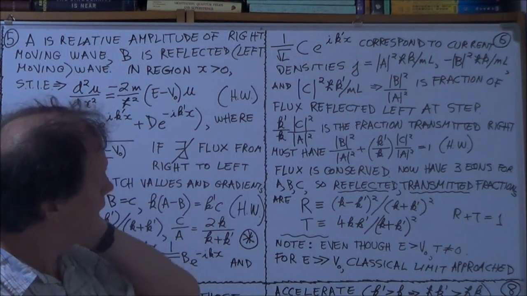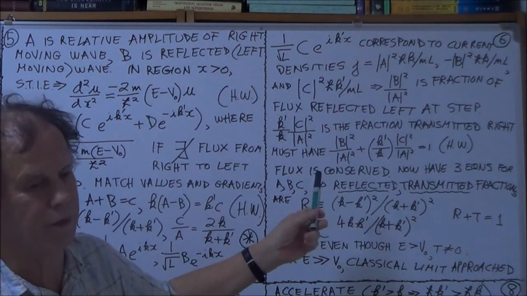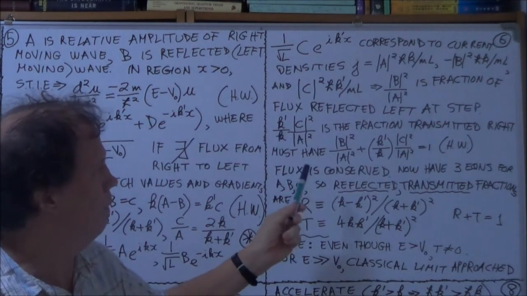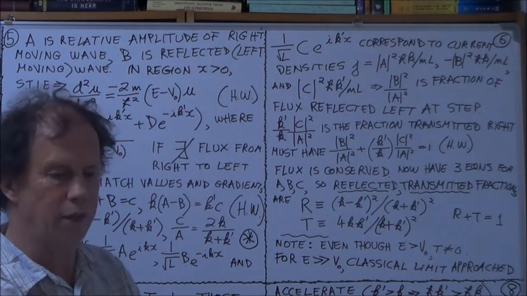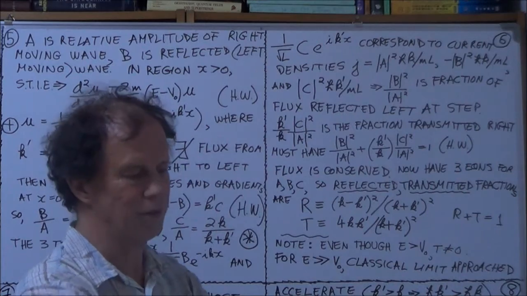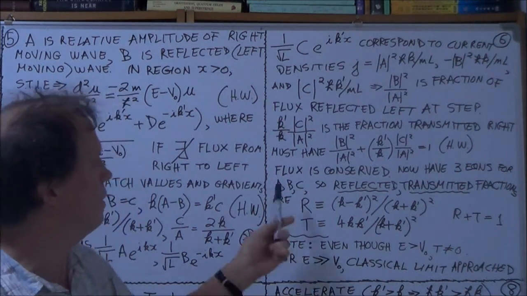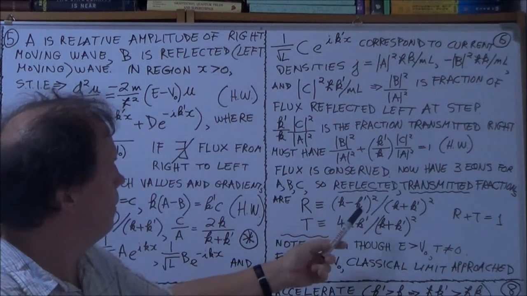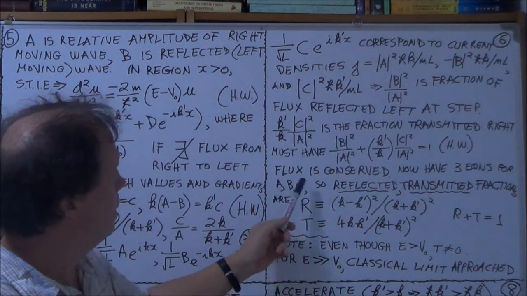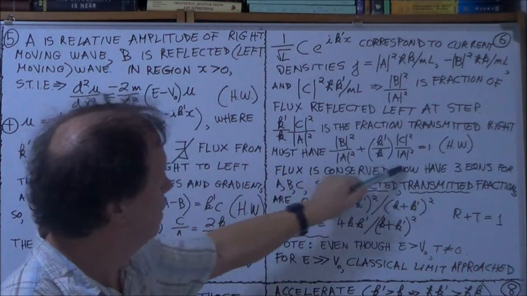All right. Now flux is conserved. Think of it as like conservation of current in an electronic circuit. All the electrons coming in, they flow, left and right, whatever. So the total flow once they split still has to equal what it was coming in. It's conserved, right? So now you've got three equations for A, B, and C. Here's your third one, right?